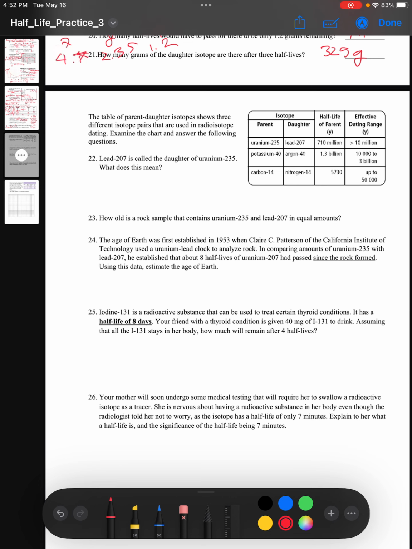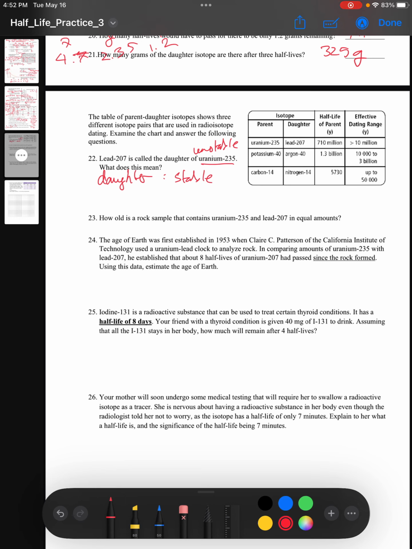The table of parent-daughter isotopes shows 3 different isotope pairs that are used in radioisotope dating. Examine the chart and answer the following questions. Question 22. Lead-207 is called the daughter of uranium-235. What does this mean? Daughter isotope, that means that it's stable. Parent isotope, so uranium-235 is unstable.